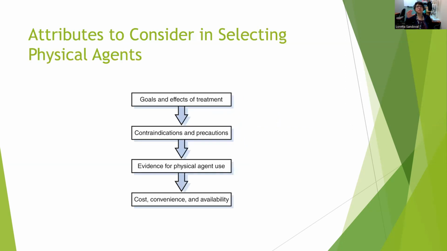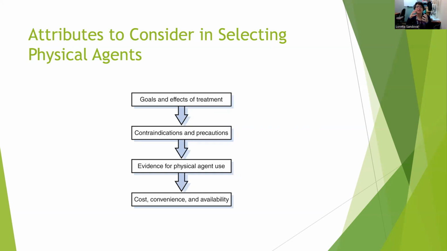So when we're selecting physical agents, we want to consider the goals of treatment and the effects of the physical agent. Of course, we want to consider contraindications and precautions. Some people talk about absolute contraindications, like just don't do it, and relative contraindications or precautions, like really think about it. You have to have a really, really good reason, one of those top tier reasons.